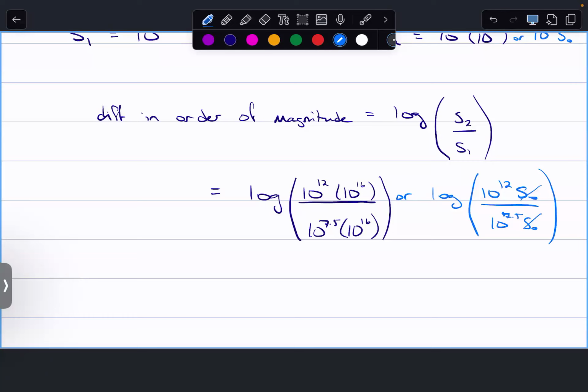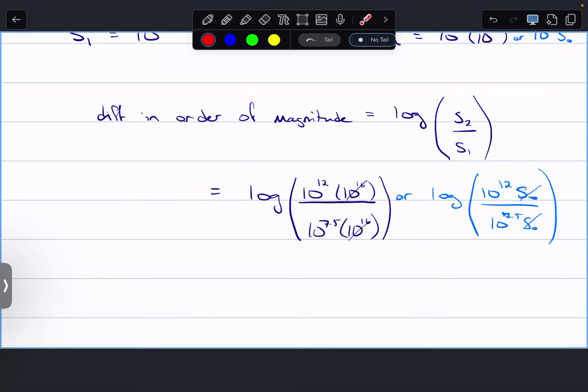Either way, they're about to cancel here. Dividing by the same number, and there's only multiplication going on. Or technically, you could float this 10 to the 16 upstairs by rewriting it as 10 to the negative 16, and then you'd have 10 to the 16 minus 16 is 10 to the 0, which is 1. Either way, that's how it cancels.